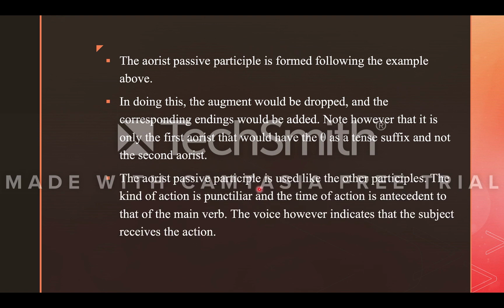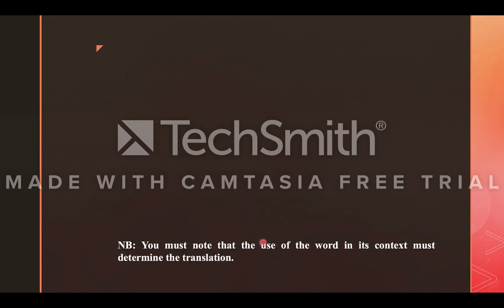So the aorist passive participle is used like the other participles. The kind of action is punctiliar. The time of action is antecedent to that of the main verb, and the voice indicates that the subject is receiving the action. The participle may be translated in several ways.